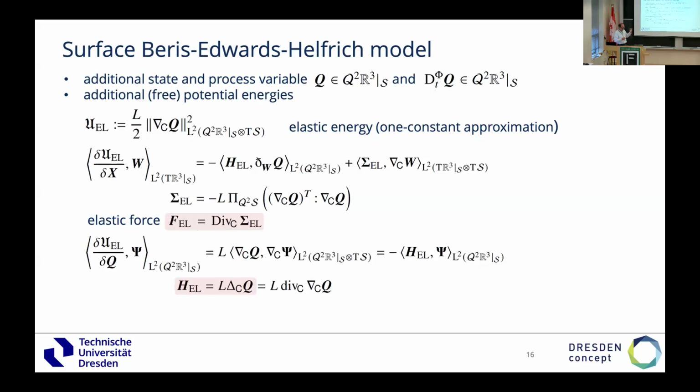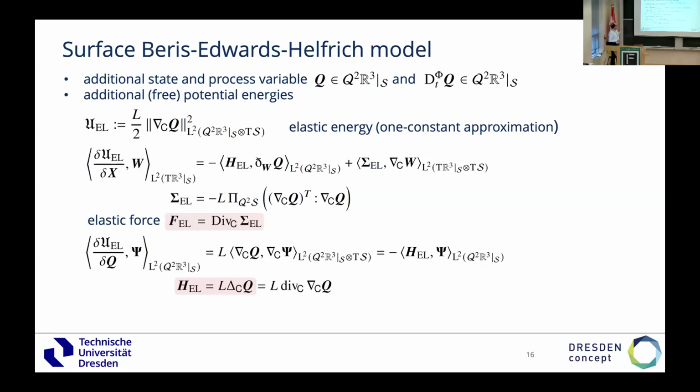Both do not stretch or do something like that to the Q tensor field. Okay, and then we need a new potential or free energy. It's an elastic energy for our nematic field. Here in a one-constant approximation with the elastic parameter L.